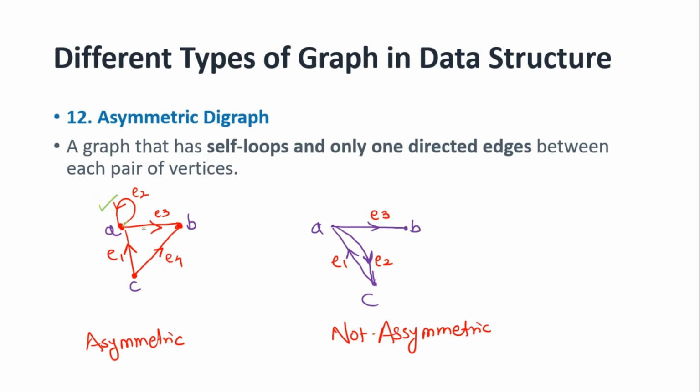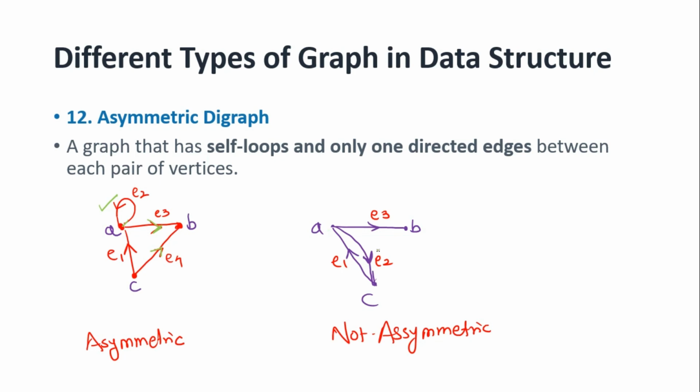For all other remaining vertices I should have only one edge between the two vertices, either an incoming edge or an outgoing edge. Between vertices A and B I am having an edge which is going in only one direction. Between B and C I am having only one directional edge. Again with A and C I am having only one directional edge. So this whole graph will be an asymmetric graph.